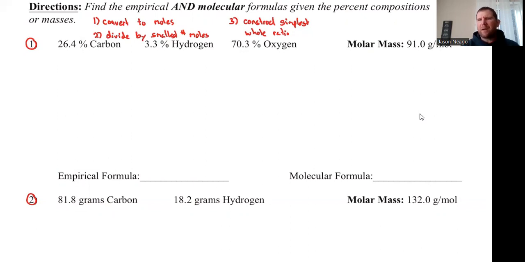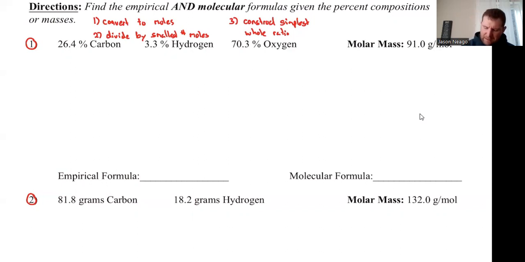If you really think about it, what percent composition is saying is that if I have a sample, 26.4% of it is carbon, 3.3% is hydrogen, and 70.3% is oxygen. Since it doesn't tell me the size of that sample, I can make up any sample size that I want. And what would be the easiest sample size to think about?